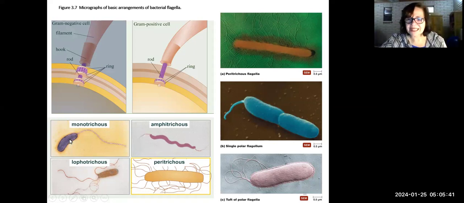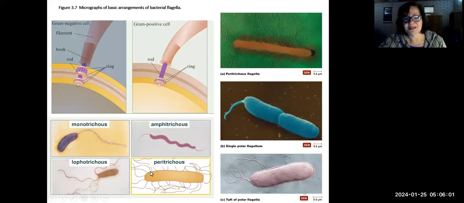So monotrichous, amphitrichous, amphi meaning having it at the two ends, lophotrichous, having a tuft, like a ponytail of flagella at one end, and peritrichous, sometimes pronounced peritrichous, having these flagella all over the place. And so here are some micrographs of these different arrangements. So a particular species of bacterium has one arrangement of these.